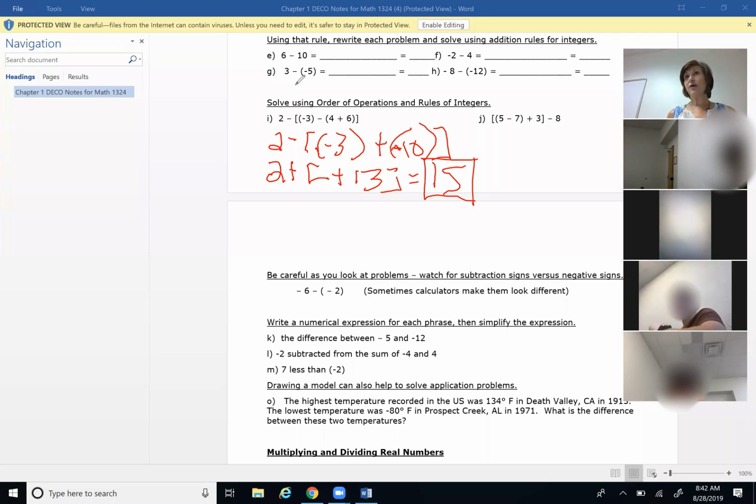Good deal. So I'm curious, your final answer that you got when you clean this up, was it positive or was it negative? Everybody say. Negative. Okay, I think I'm hearing negative unanimously. That's good. Is it a single digit number or a 2-digit number? Single. Single is what I'm hearing.